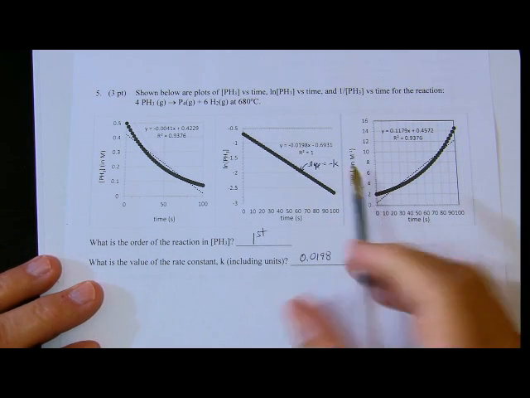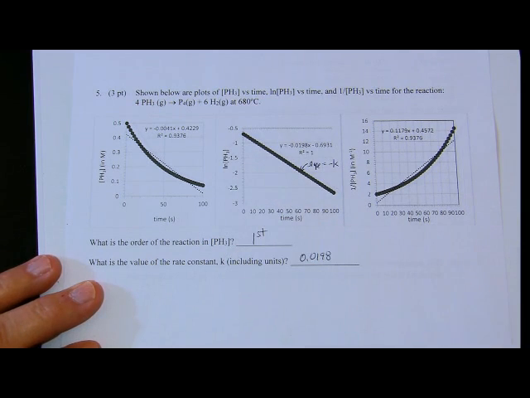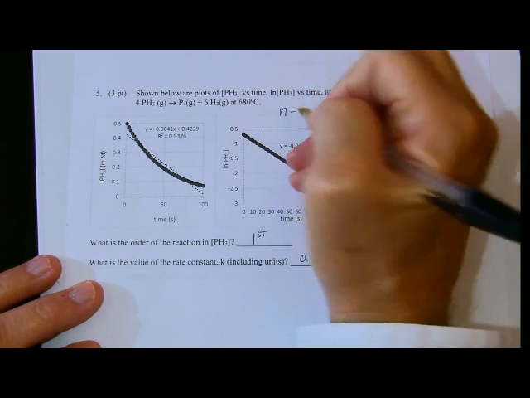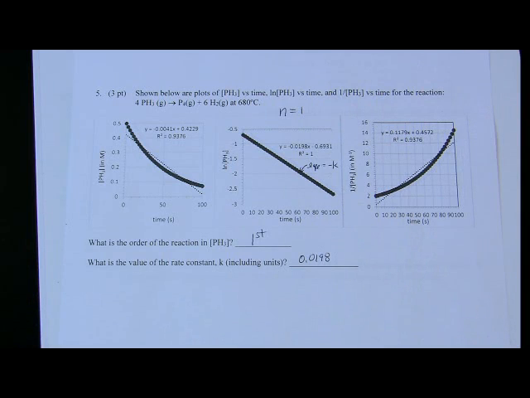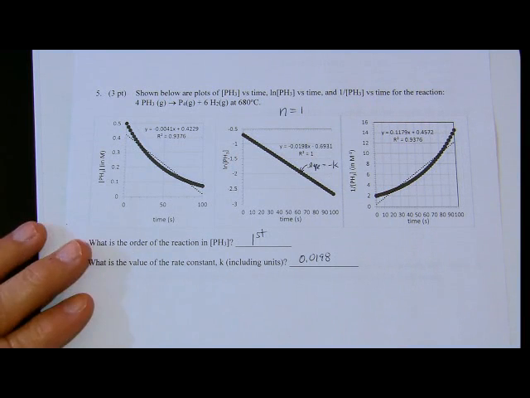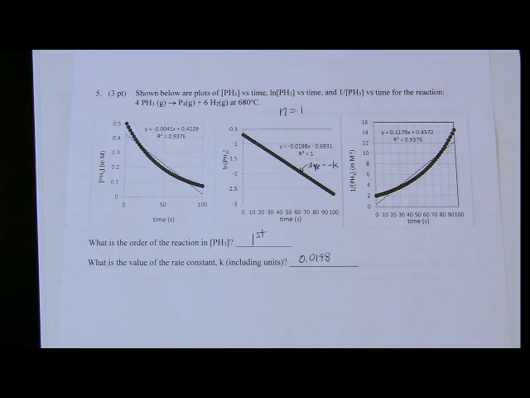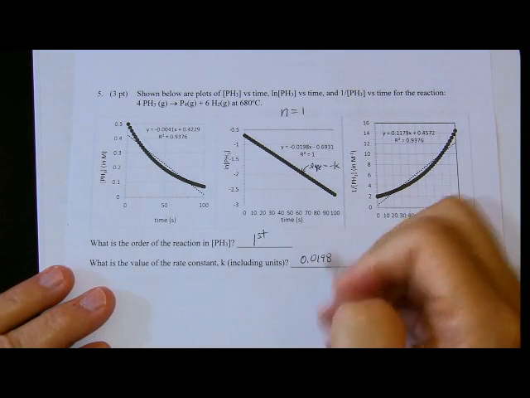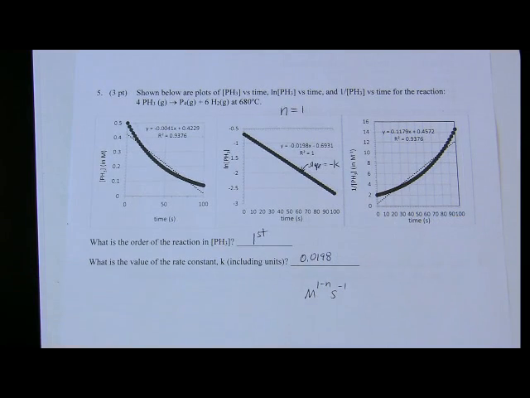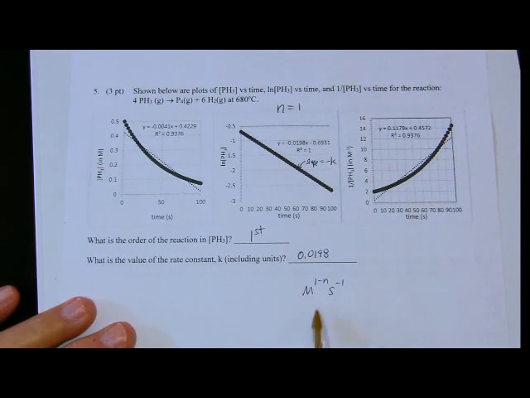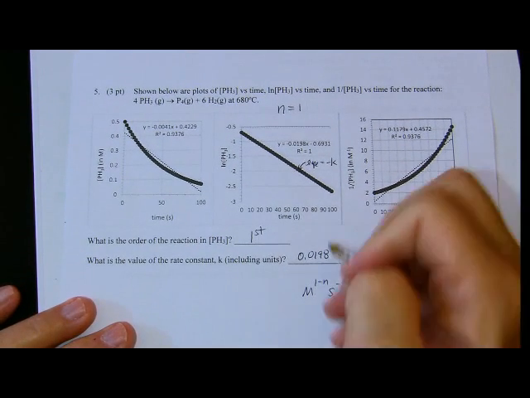If it's a first order process, that means n is equal to what? 1. There's only one reactant, so the sum of the orders is equal to 1, and we know that the units are molarity to the 1 minus n, seconds to the minus 1. So what does that give us for the units? 1 over seconds, inverse seconds.